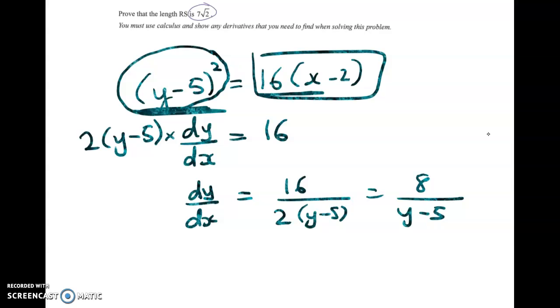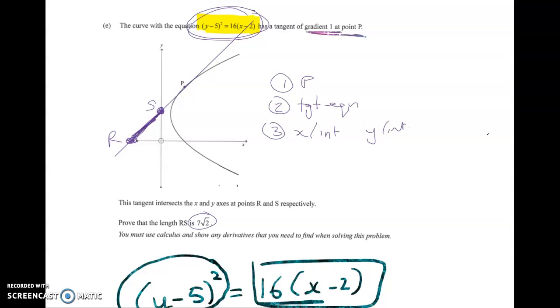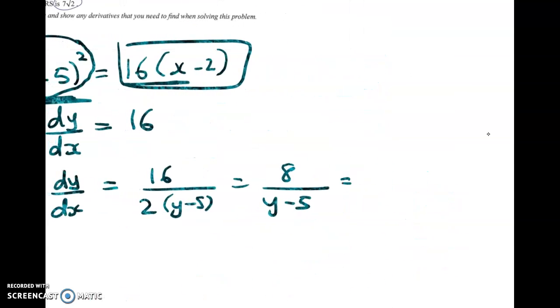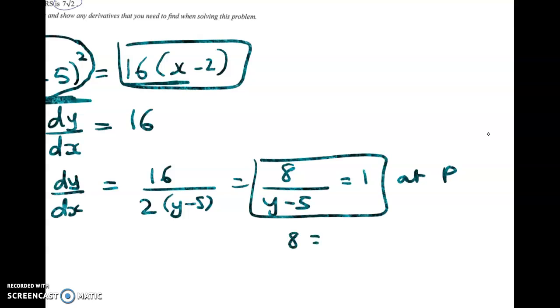Now, what do I know at point P to be true? Well, point P is where the gradient is 1. So we're going to set this derivative equal to 1 and solve. So we get 8 is equal to y minus 5, giving us a y value of 13.